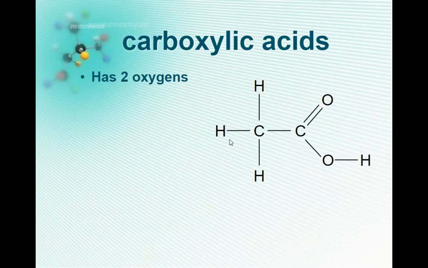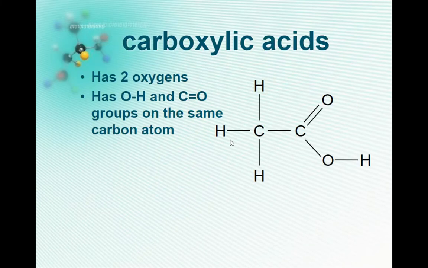Okay, carboxylic acids. They look kind of daunting and really, really hard to figure out what's going on. But what basically happened is with a carboxylic acid, it's an aldehyde and an alcohol put together. Because here's the alcohol and here's the aldehyde.